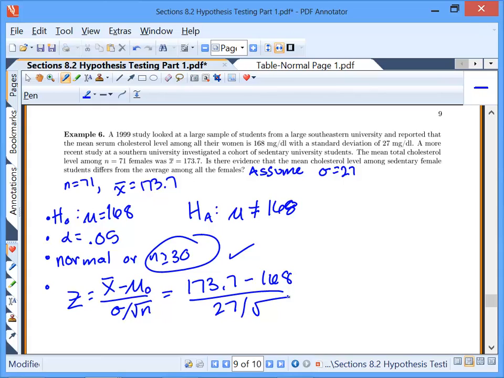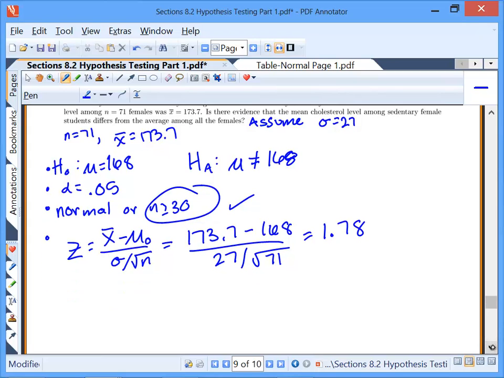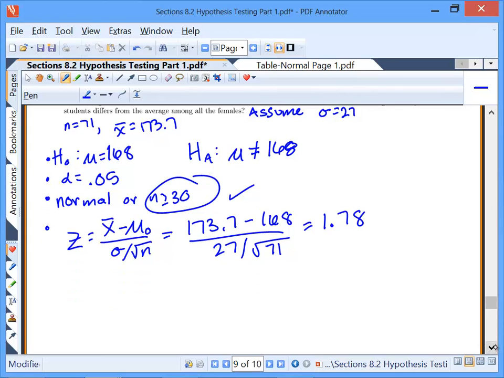Hopefully that's correct. Over the square root of n, and n is 71. 1.78? What next?